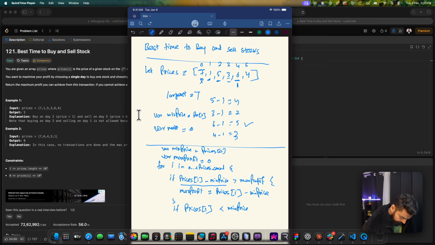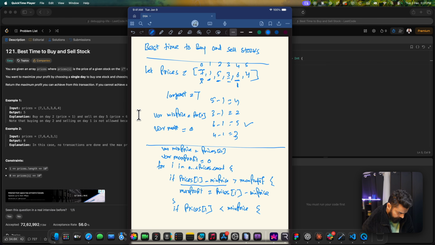So suppose I'm checking here, this is my current price, suppose my min price is set by default to 7, but I got 1. It means this price is definitely less than, like 1 is less than 7. So in this case I will be updating this one.